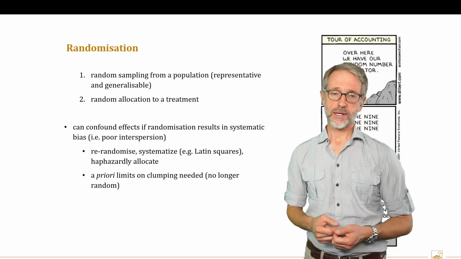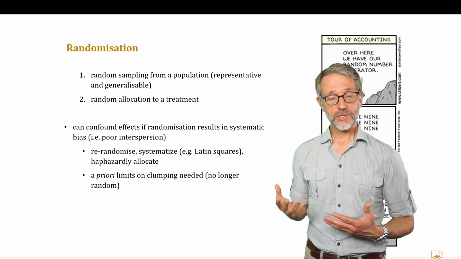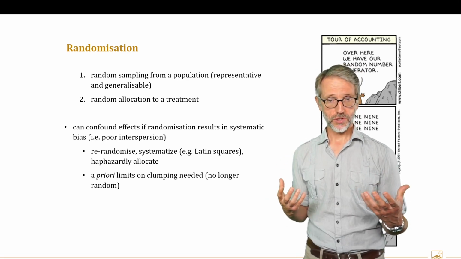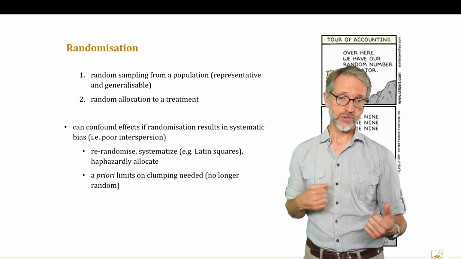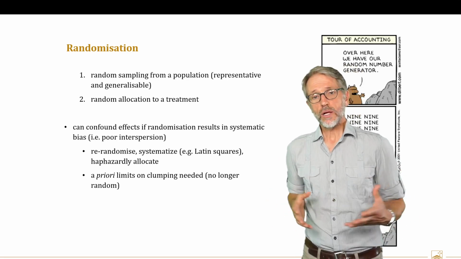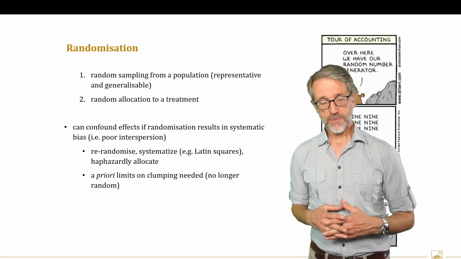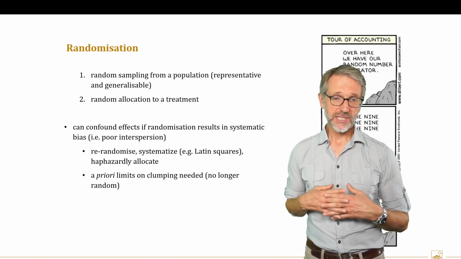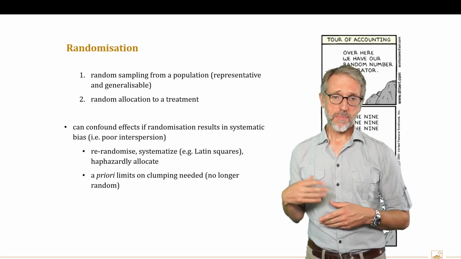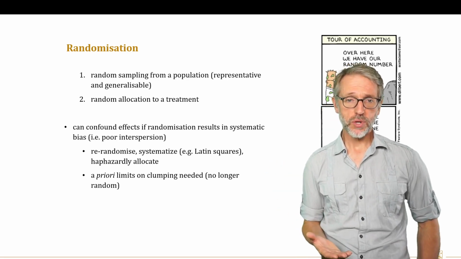How do we handle that? Well, we need to, at times, look at the interspersion of the random allocation of individuals to treatment or control, or the random identification of locations, individuals that form part of a study. We need to, in a subjective fashion almost, make a decision about what level of interspersion we are happy with.